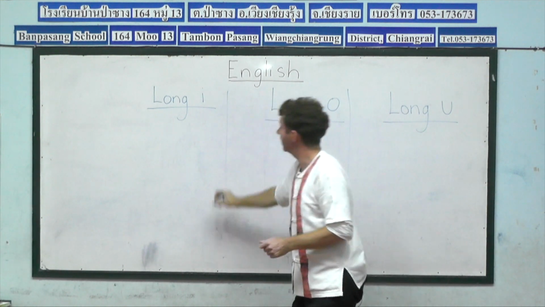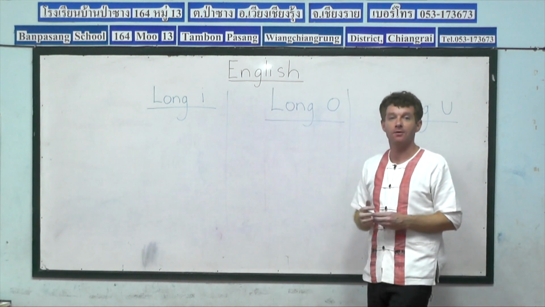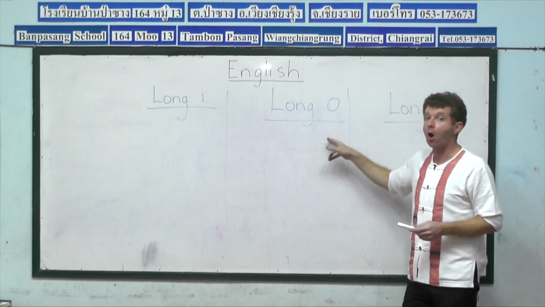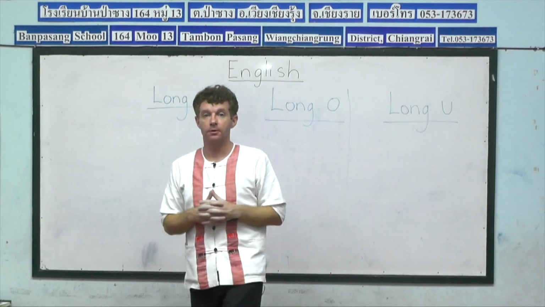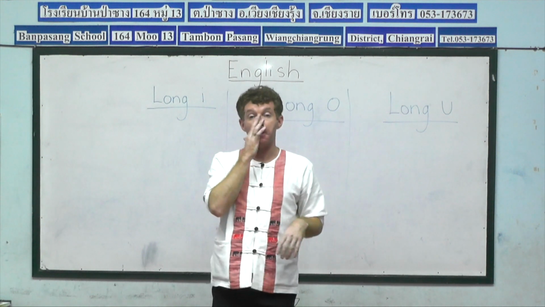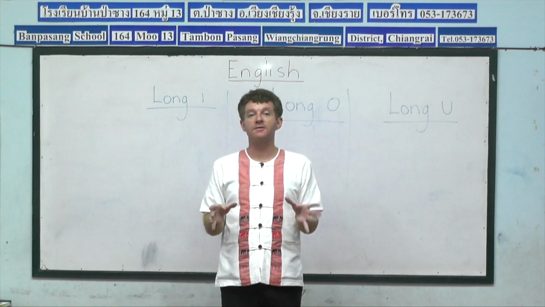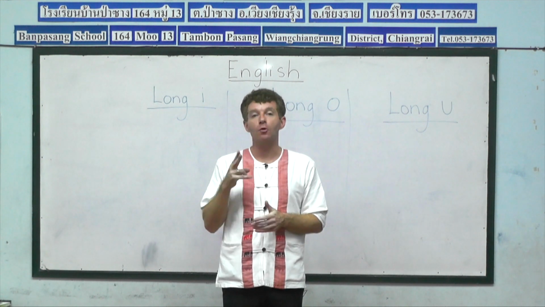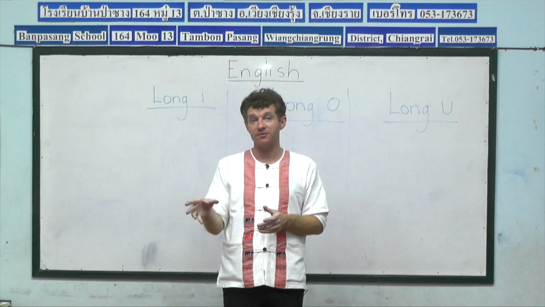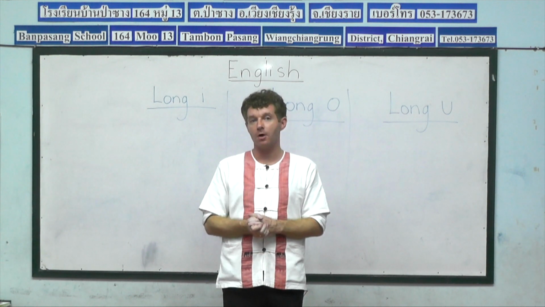We've got long I, long O, long U. So what we're going to do now is, teachers, what you'll need to do is print off the flashcards prior to the lesson and put each of the different flash pictures into a separate flashcard.